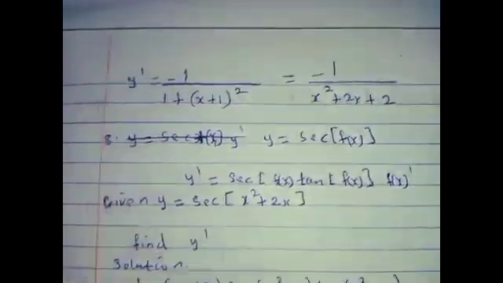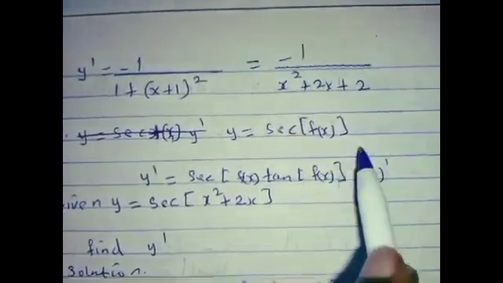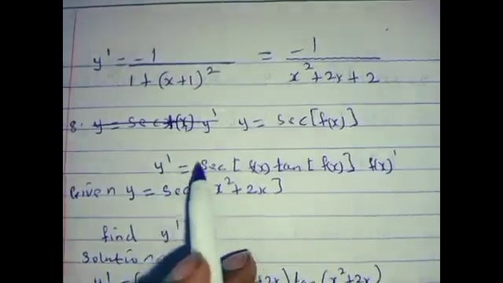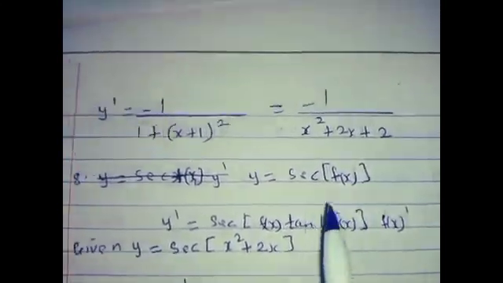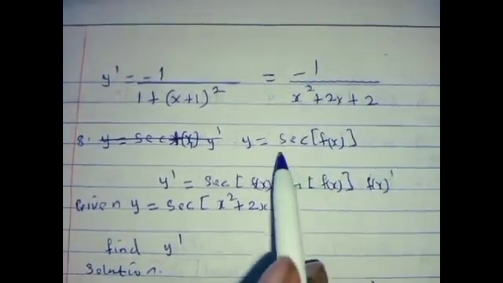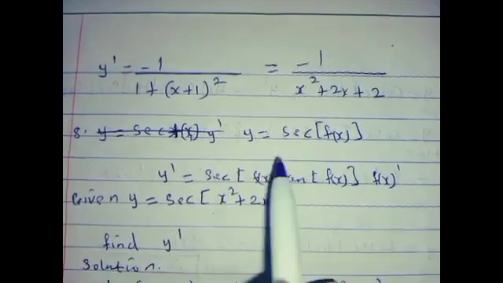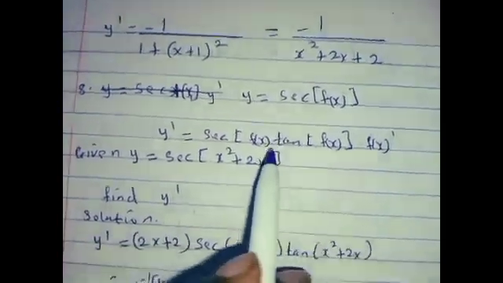Number 8, we want the derivative of y is equal to sec of f of x. To do that, first we differentiate the function in the bracket, f prime. Then we differentiate sec, and the result is sec of f of x multiplied by tan of f of x.